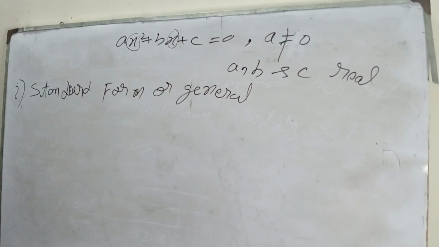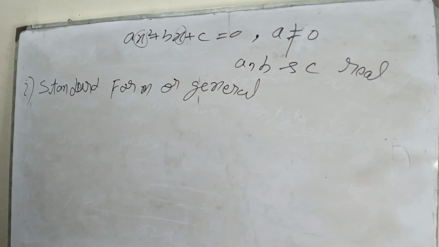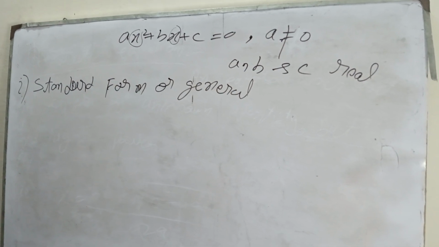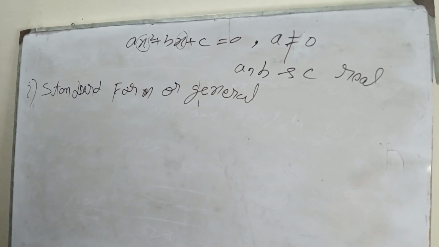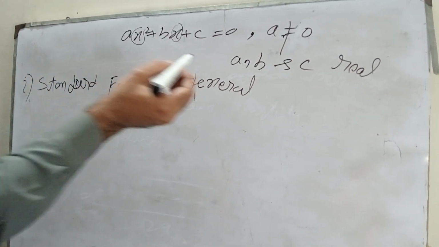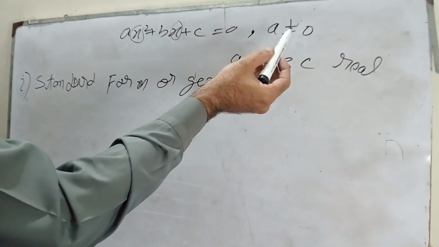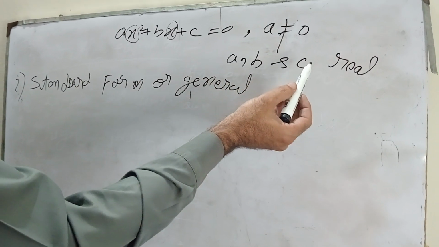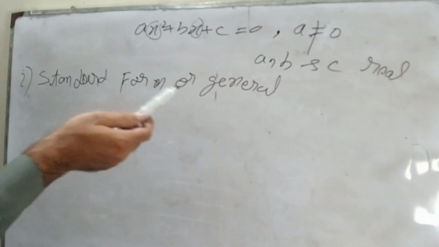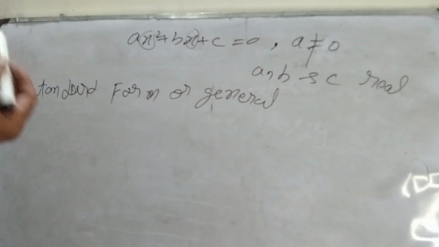We already learned about the real numbers in unit number 2 in 9th class. The union of rational and irrational numbers is called the set of real numbers. If this condition holds, and a is not equal to 0, and a, b and c are real numbers, then it is called the standard form or general form of the quadratic equation.